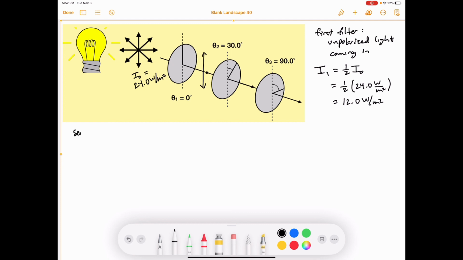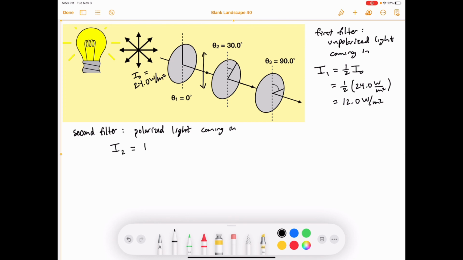Now, when the light goes through the second filter, we don't have unpolarized light going through anymore. We have polarized light coming in. So now, if we want to know the transmitted intensity, which I'll call I2, that's going to be given by Malus's law.